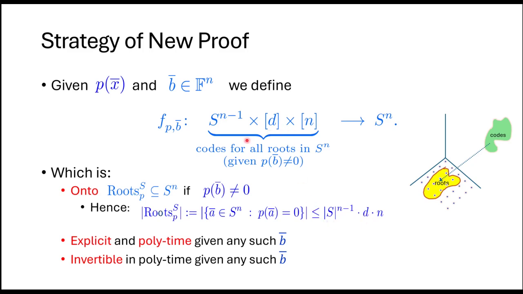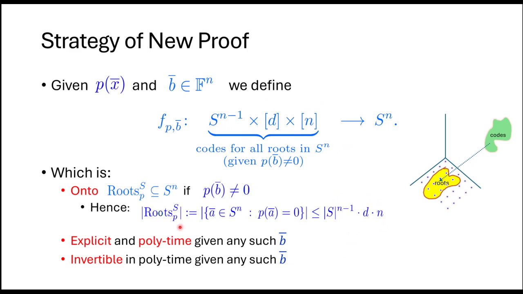And if there is a function from this set of codes of this size which is onto the set of roots, then it must be that the set of roots is at most the size of the domain, which is bounded by this.